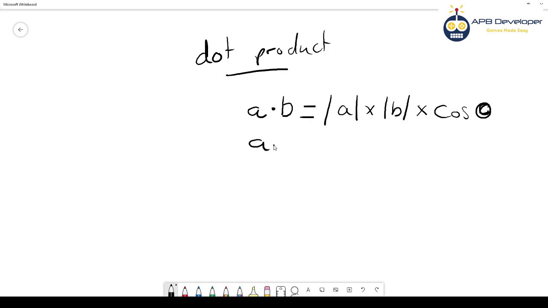The other way of writing it, if we were doing 2D vectors, would be A dot B equals AX times BX plus AY times BY, where X and Y are the components of your vector.